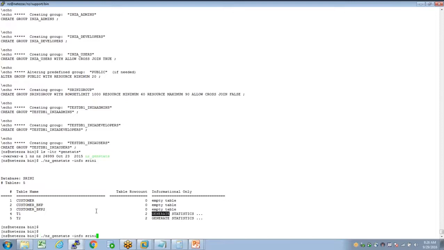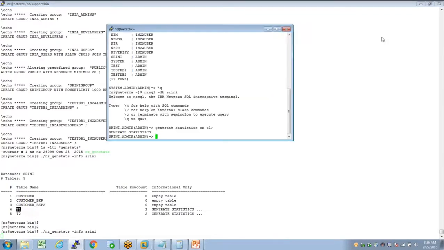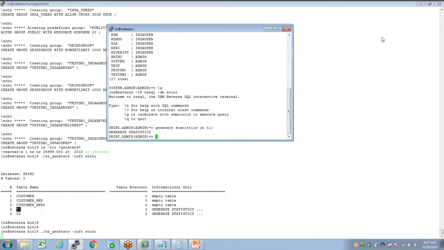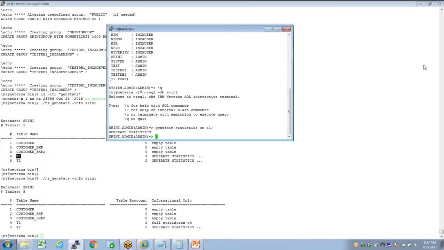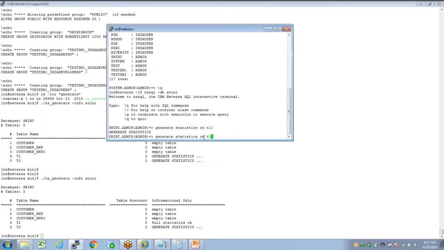If I run this again, I should see OK for the T1 table. Yeah, it says that full statistics are okay, but it's asking me to run statistics for the T2 table.